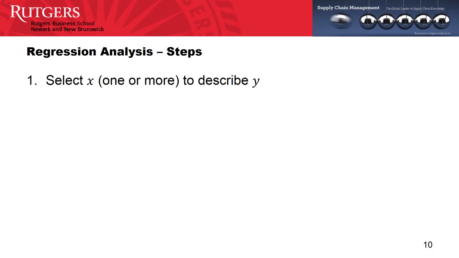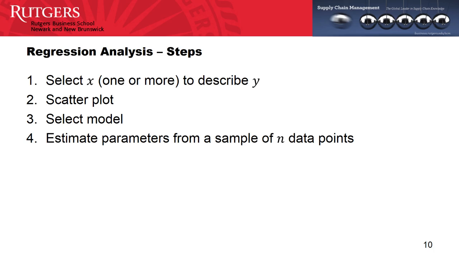First, we need to select one or more x variables to describe y. Second, we should do a scatter plot to visualize the potential relationships between x and y. Then we can select the model and estimate model parameters based on a sample of data.